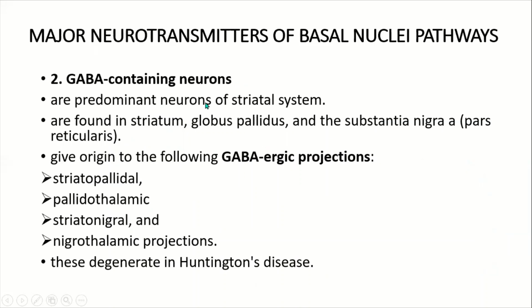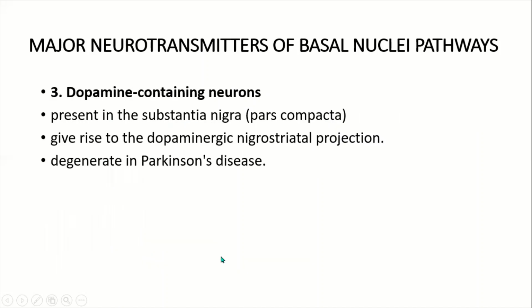GABA-containing neurons are the predominant neurons of the striatal system. They are found in the striatum, globus pallidus, and the substantia nigra, pars reticularis. They give origin to the following GABAergic projections: striatopallidal, pallidothalamic, striatonigral, and nigrothalamic projections. These degenerate in Huntington's disease.